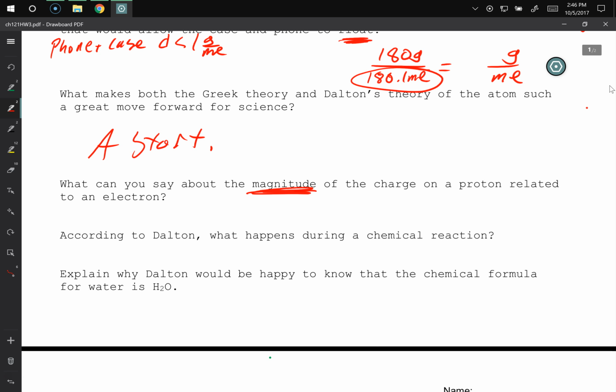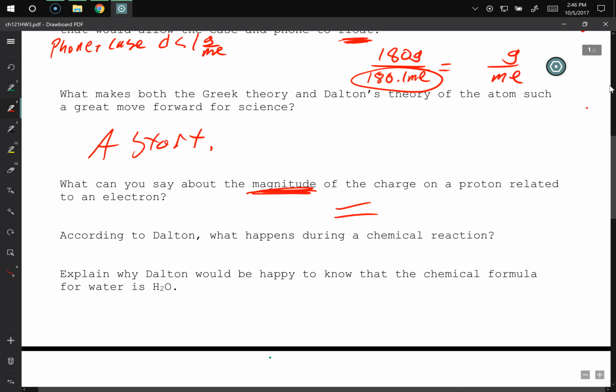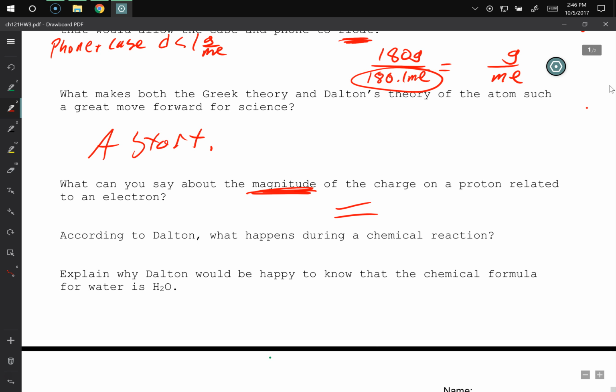They're equal to each other. The magnitude of the proton and the electron is equal. That's the important part. So if I've got an atom with 10 electrons and 10 protons in it, then what's the overall charge of the atom? 0. Everything cancels out.